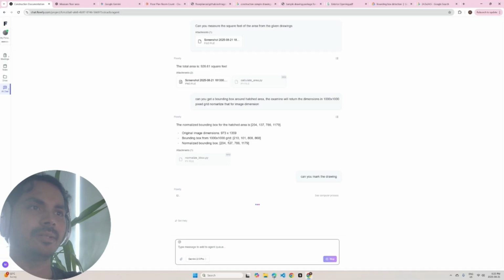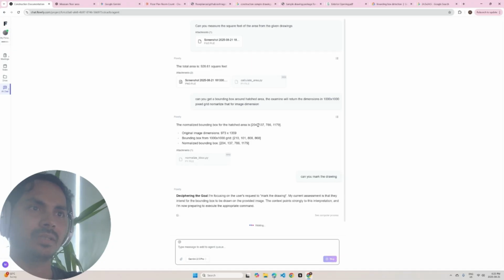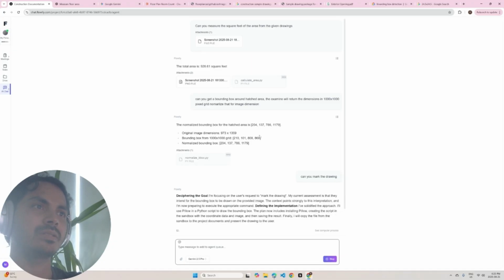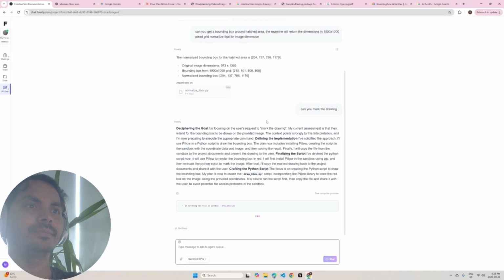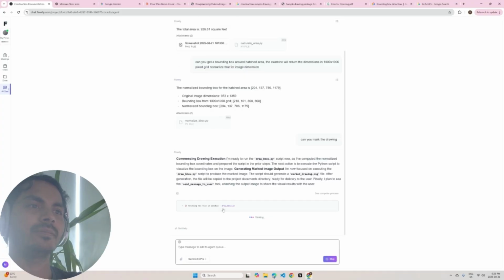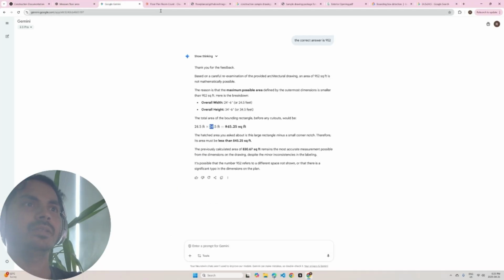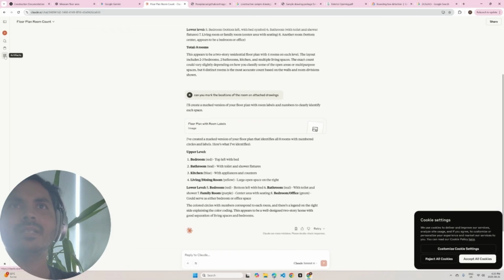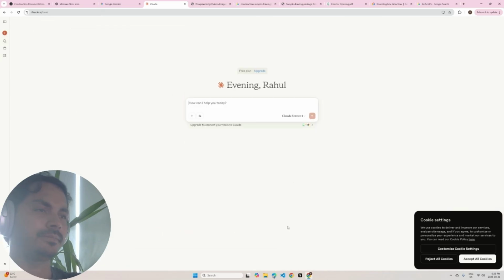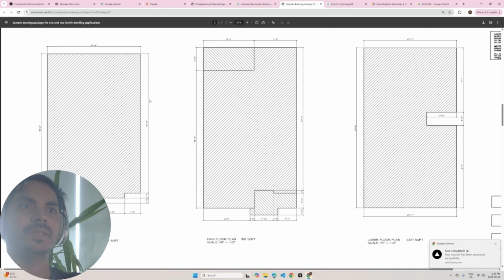That would be nice. So the bounding box, I think it got the square bounding box around the drawing. So we'll see. It's drawing the bounding boxes on the drawing. This is good. I think it didn't even get the visual correct, so it's not going to find the correct dimensions. Let's ask this one. Here's our drawing.